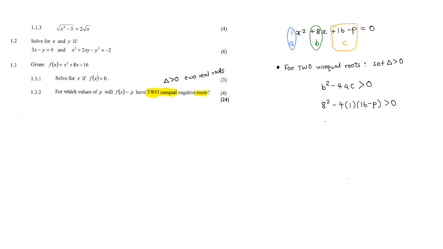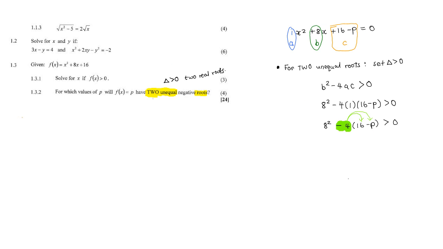We have 8 squared, and then minus 4 times 1, which is 4, and that 4 needs to be multiplied into 16 minus p. That's still greater than 0. So I'm going to distribute this negative 4. These negatives, you must be careful with them. They like to catch you.